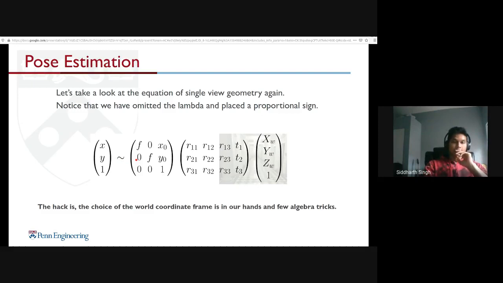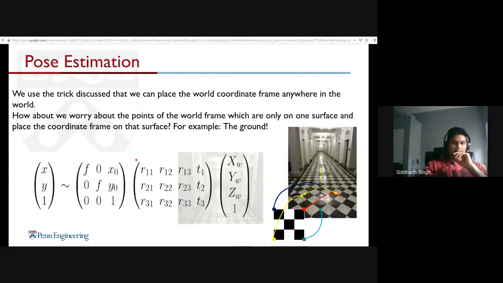Then we move ahead and we see that we have this choice: we can make the world coordinate frame anywhere in the world. So whatever I'm seeing, I have the option of choosing where to keep the frame. How about I keep this coordinate frame on the ground of what we are seeing and what we are interested in?